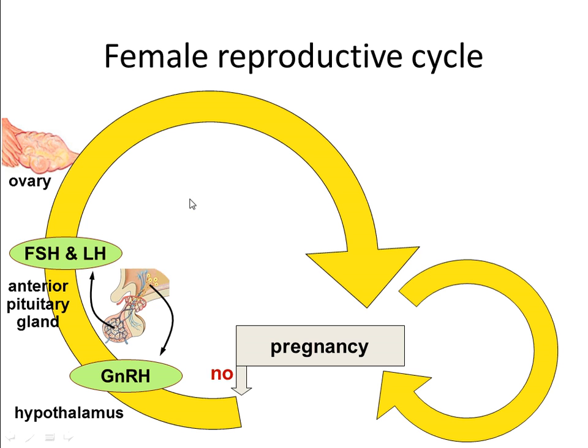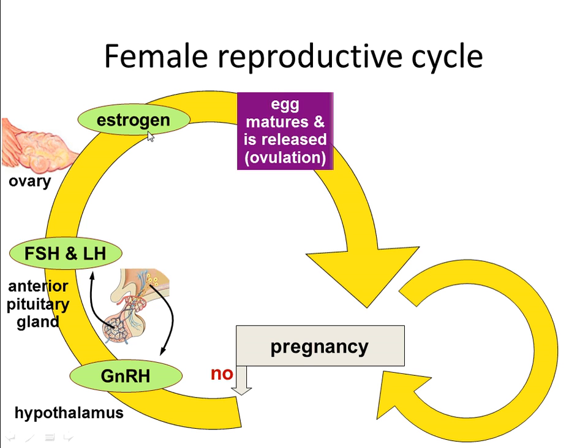So the ovaries have receptors for FSH and LH, and FSH and LH are going to stimulate the production of estrogen, which is released by the ovary. Now, estrogen is a lipid-based hormone, so its receptors are going to be on the inside of the cells.